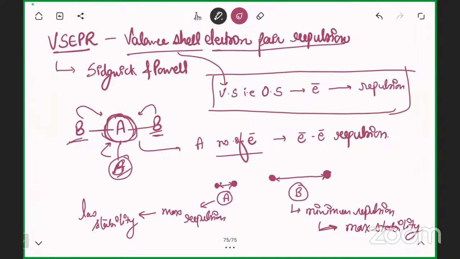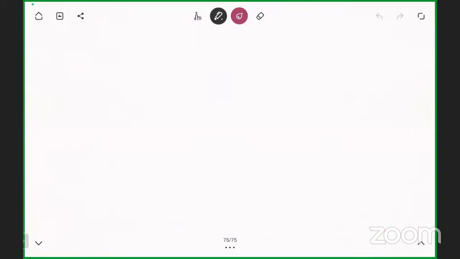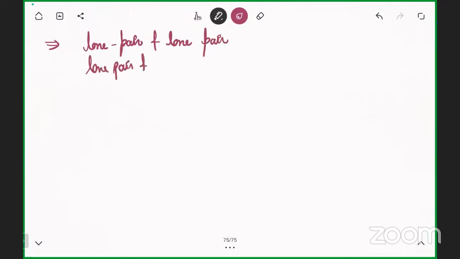In VSEPR, the main thing we have to remember is the repulsions: lone pair and lone pair, lone pair and bond pair, and third, bond pair and bond pair.